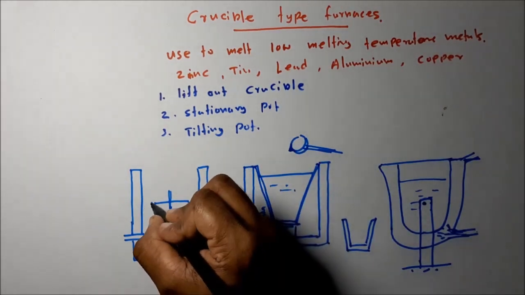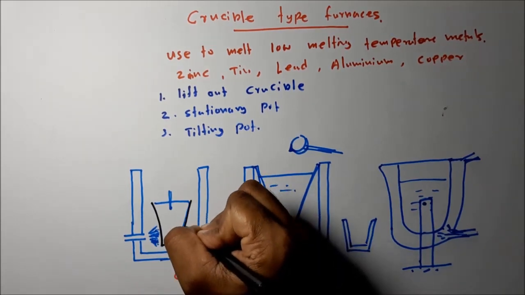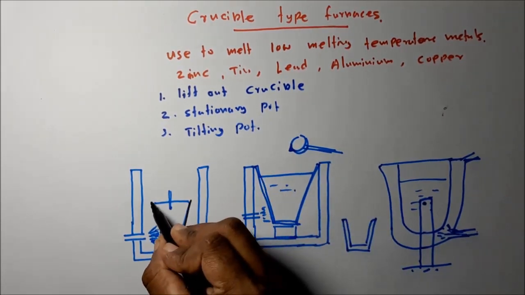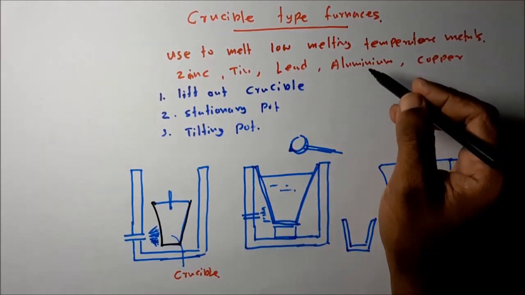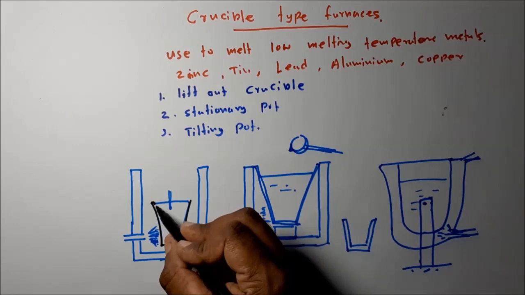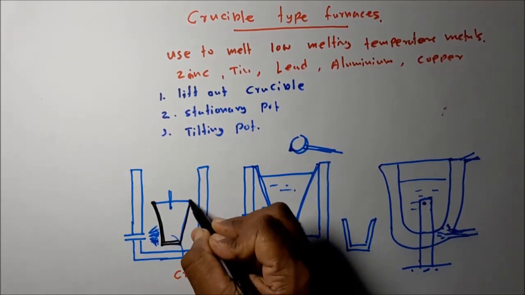Then this crucible is manufactured using steel alloy, and cast iron is also used to manufacture this crucible when melting aluminium, lead and copper like metals. Cast iron crucible is used.